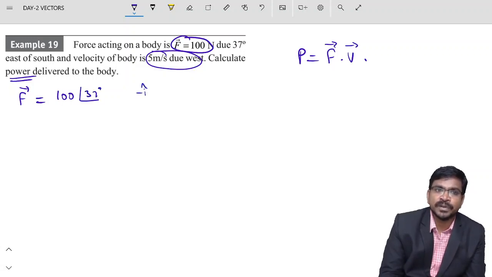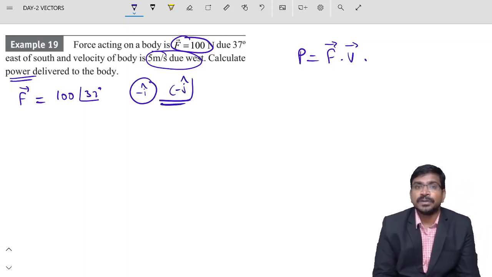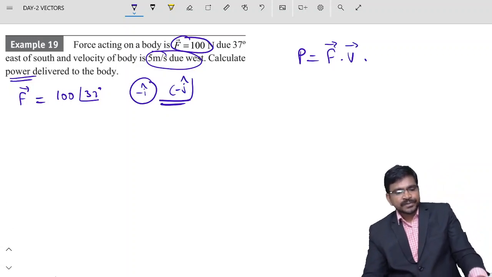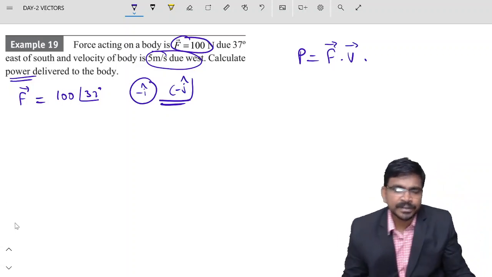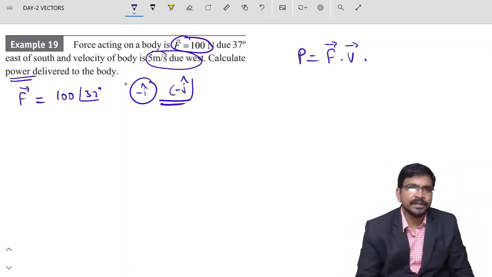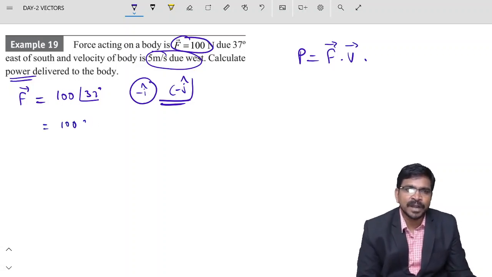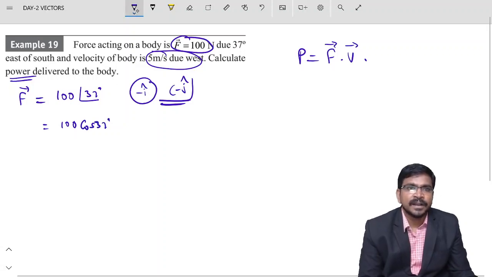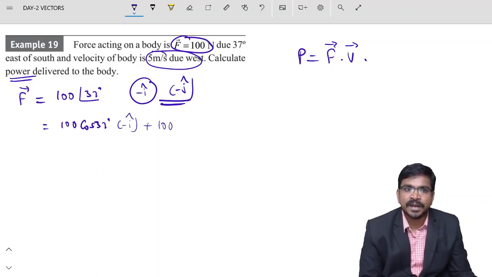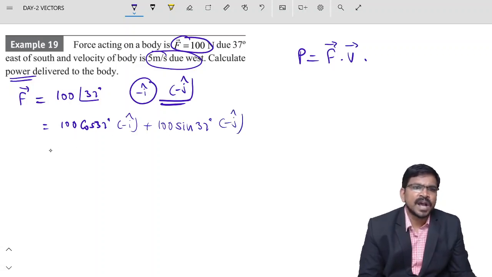Fourth quadrant means you will get minus i and minus j. Directly I am writing 100 cos 37 in the minus i direction plus 100 sin 37 in the minus j direction. So cos 37 is 4 by 5.